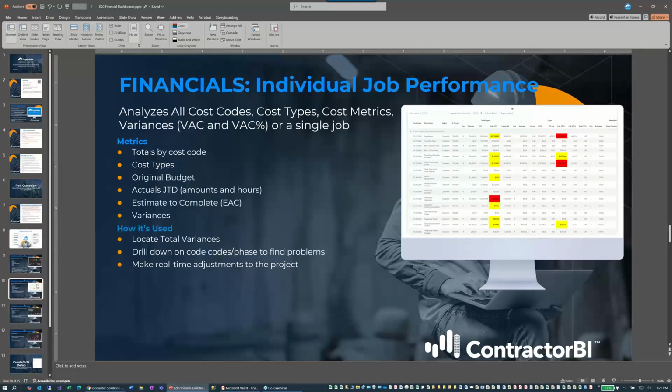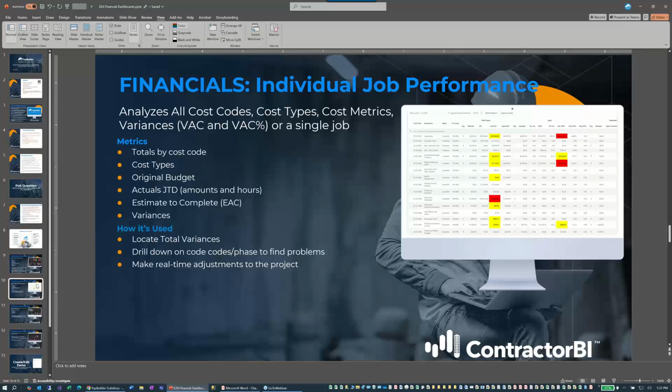Okay, so we're going into individual job performance. Now, what this does, and there are screenshots here on the right, is take everything down to the cost code level, or the phase code level, if you use that term. Same thing. Then we look at each cost type, labor, materials, equipment, subcontract, other, and all the metrics around each one of those.